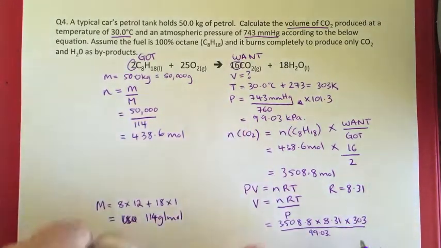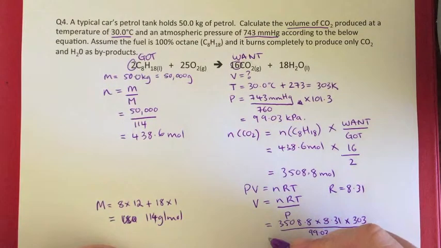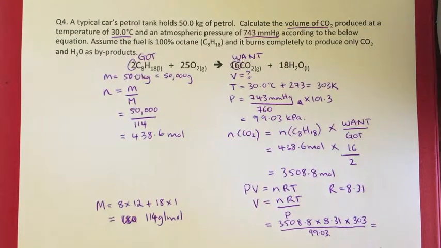So you can see how easy that was because we've already done all the preparation before. If we throw that into our calculator, we get an answer of 89,214.5 litres. Okay, big long-winded answer.